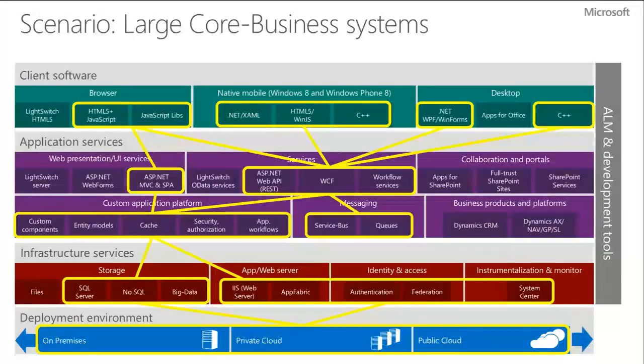And you could use Entity Framework for data access, or even your own approach using ADO.NET. Security, Service Bus. We will be talking about Service Bus later on in a few minutes. And about the storage, you could use SQL or NoSQL, like the Windows Azure tables in the cloud.